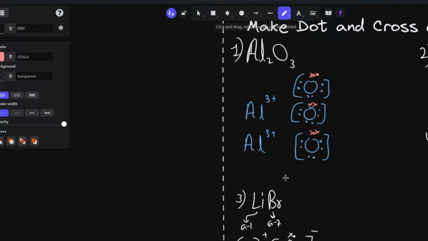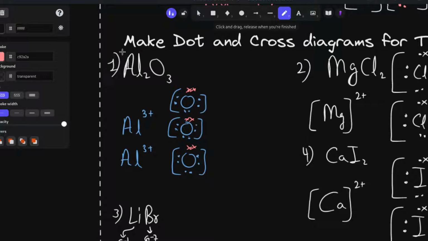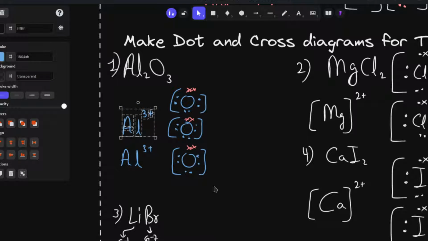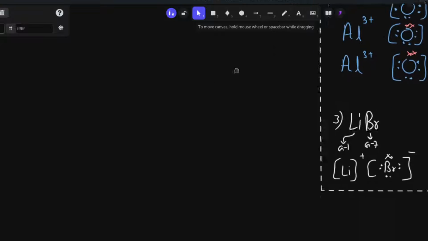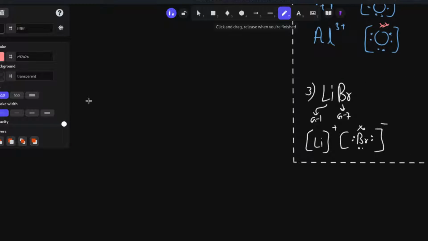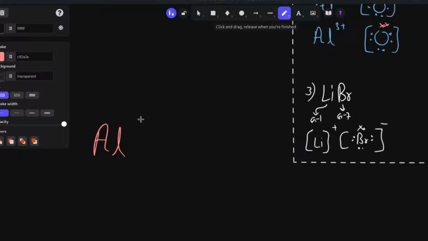Now, a lot of the times we are actually not told the molecular structure. We know this information right here. We know this information and we know this information, and we are supposed to get this molecular structure from that. So let's try to understand how we can do that. So the easiest way to get that answer is to have written down your charges and your symbols, right?